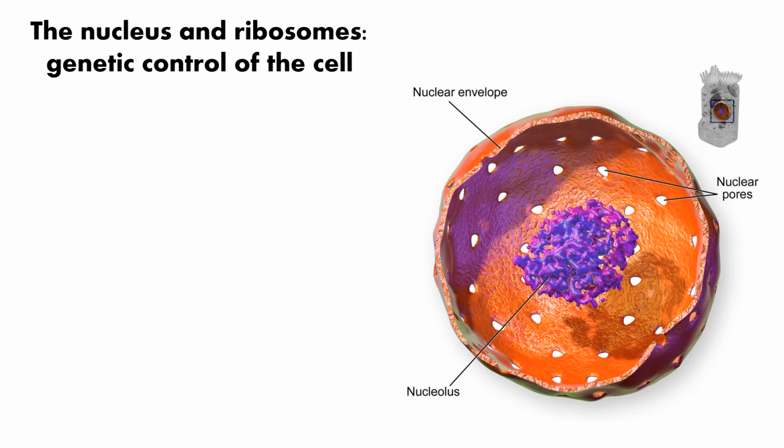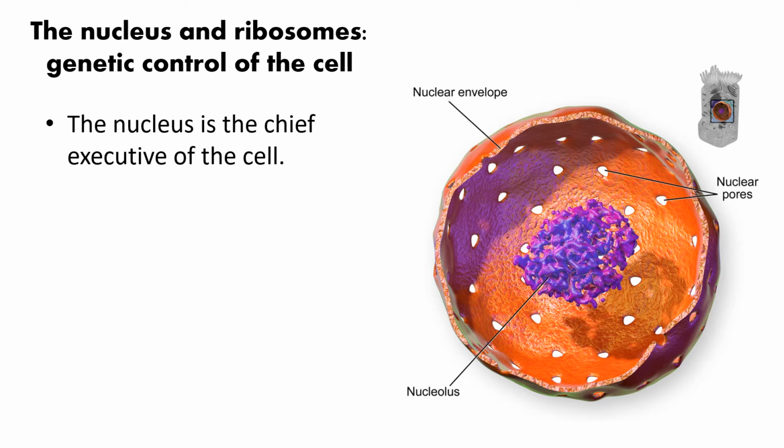We're now going to move to the nucleus and ribosomes. So these are going to be two structures that are really important in the genetic control of the cell and also producing the proteins. So the nucleus, you can think of it as the chief executive or the brain or the control center of the cell.